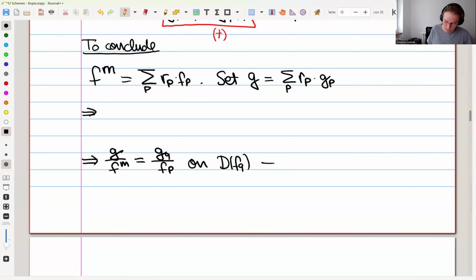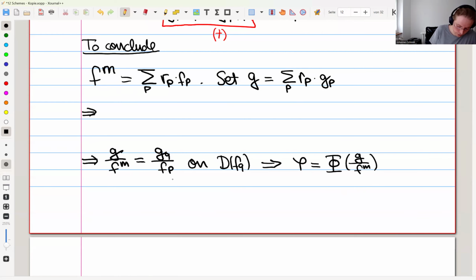This would prove that phi is equal to big phi applied to g divided by f to the m. So this would show that this here is exactly the pre-image that we want. So for this, we need to check that this equality here holds.